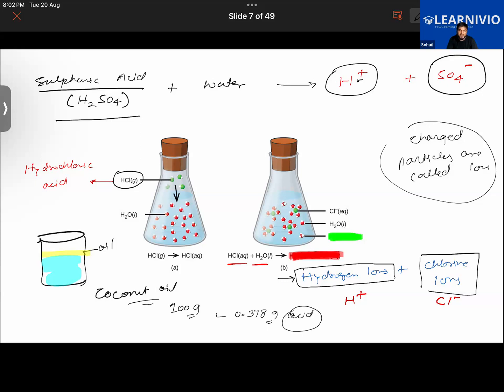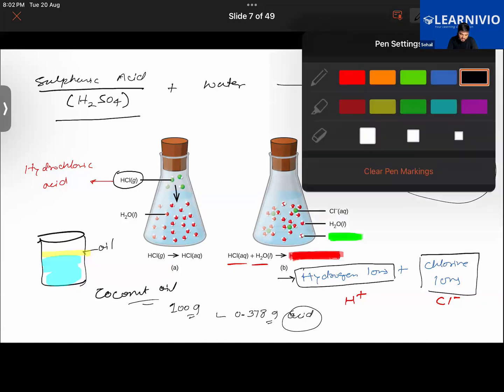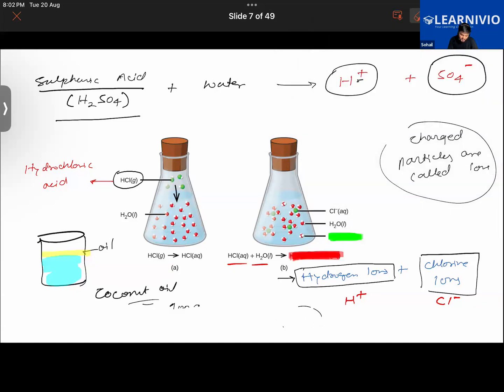So is this such a big number? No. So thereby it will not make any difference. Getting it, Aman? Yes, sir. Okay, so that is the thing. Hope it is clear to everyone.